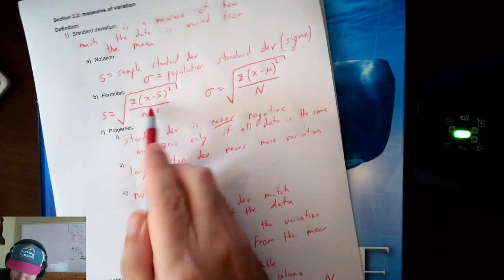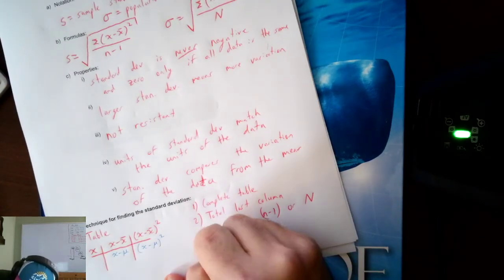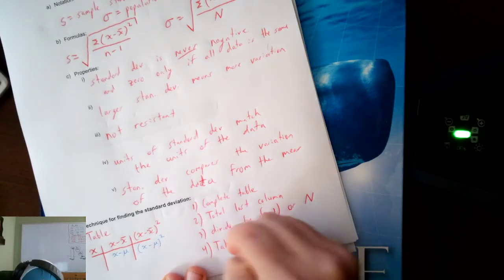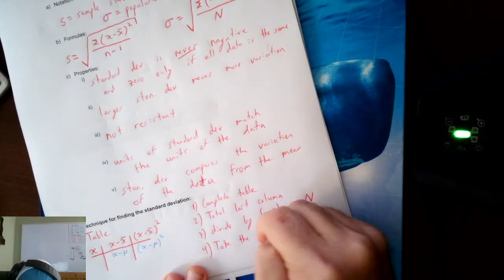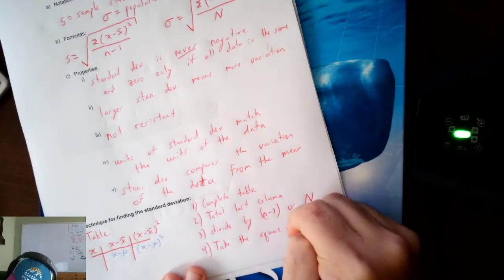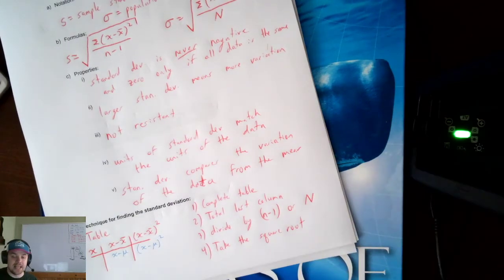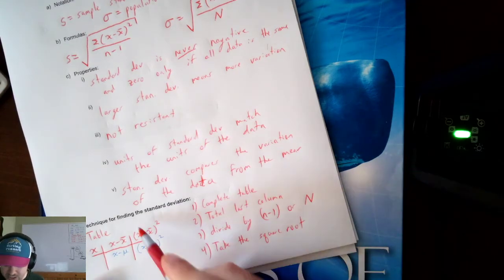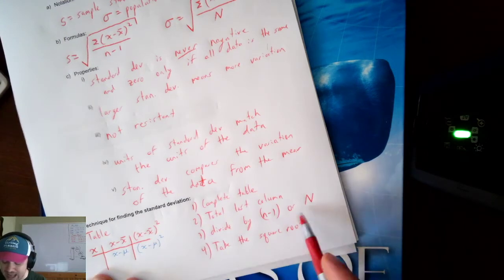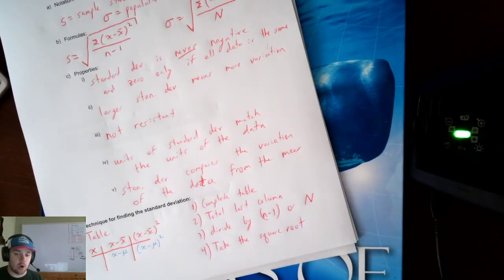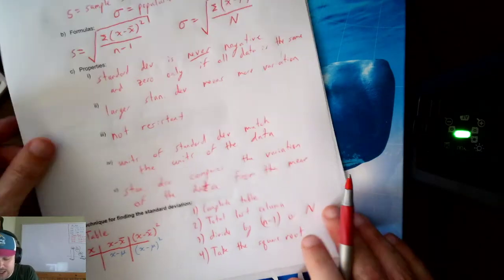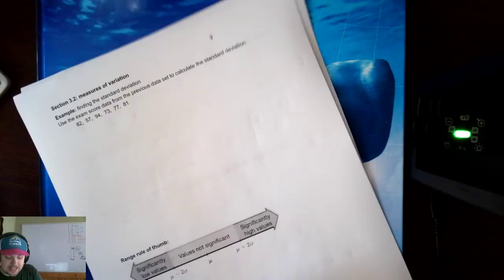And then step 4 is take the square root. The fourth step is always take the square root. So we complete the table, we total the last column, we then divide, and then we take the square root. It's always that sequence.